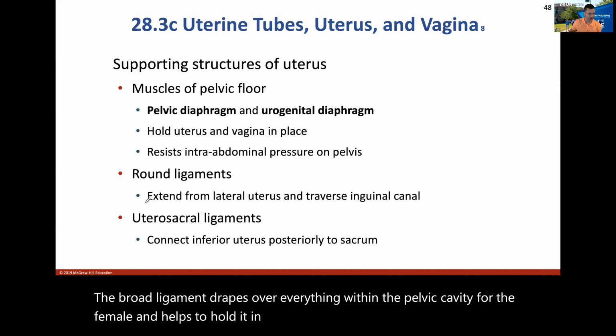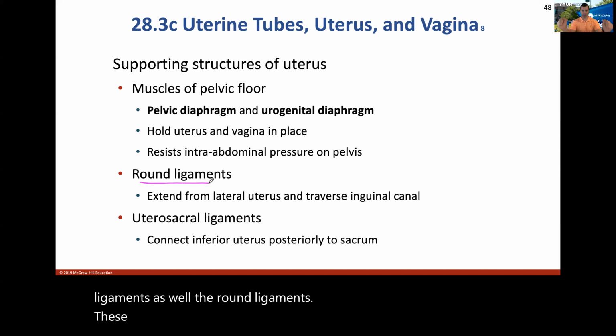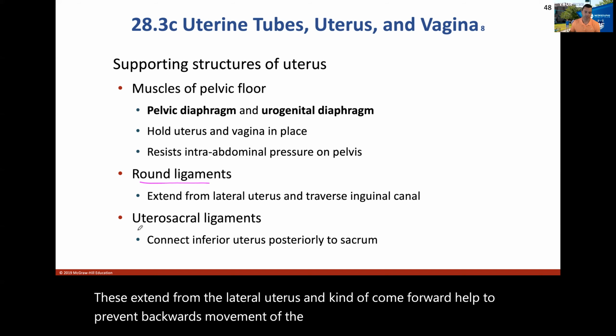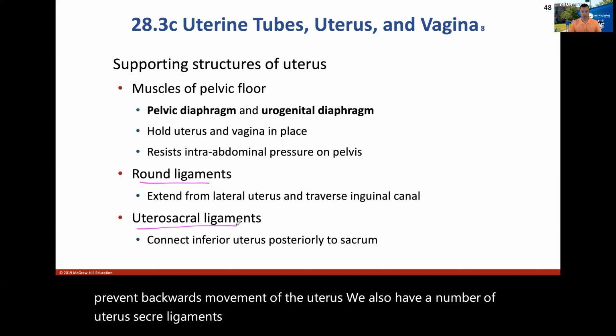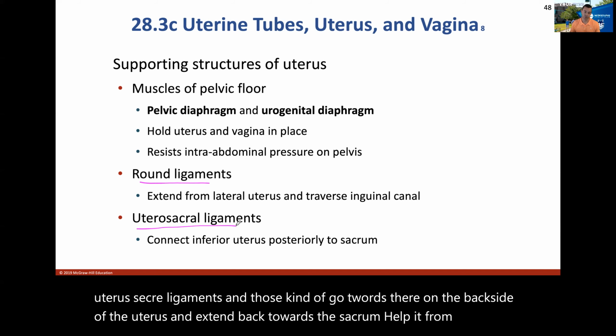But we also have a couple of other ligaments, the round ligaments. These extend from the lateral uterus and come forward and help to prevent backwards movement of the uterus. We also have the uterosacral ligaments, which are on the back side of the uterus and extend back towards the sacrum, and help to prevent it from moving forward.